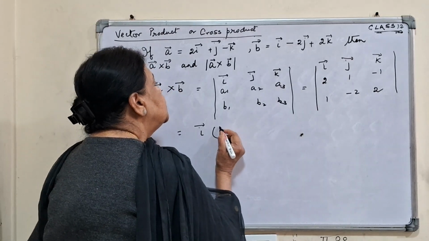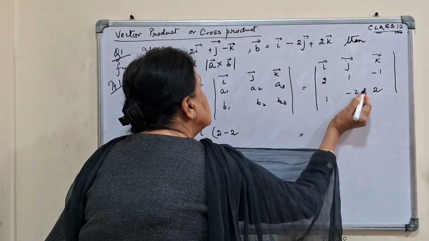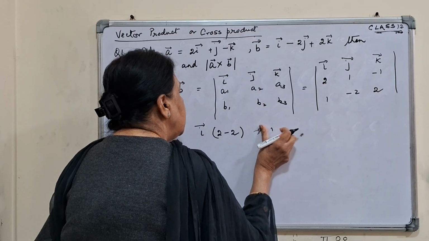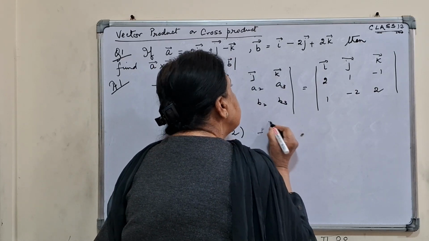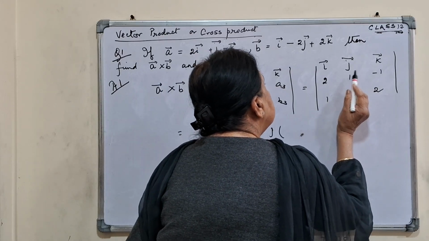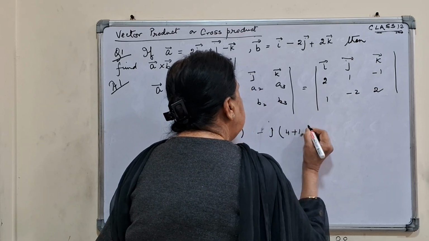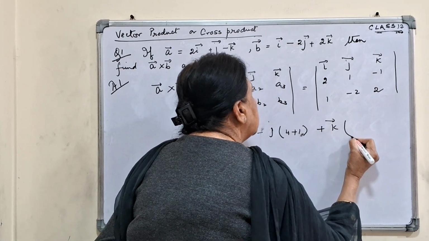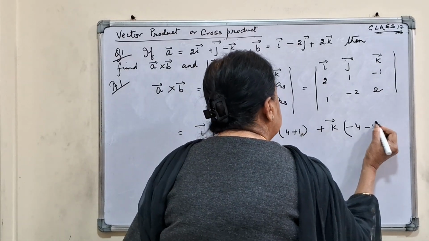i cap is 2 minus 2, which is 0. Minus j cap, that is 4 plus 1, which is 5. Plus k cap, that is minus 4 minus 1.